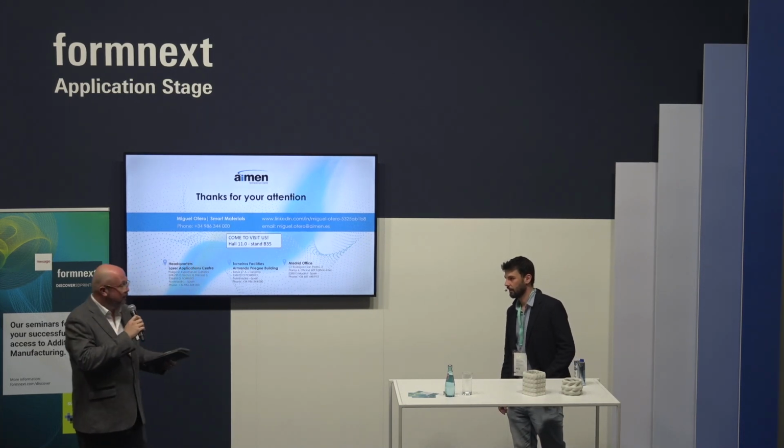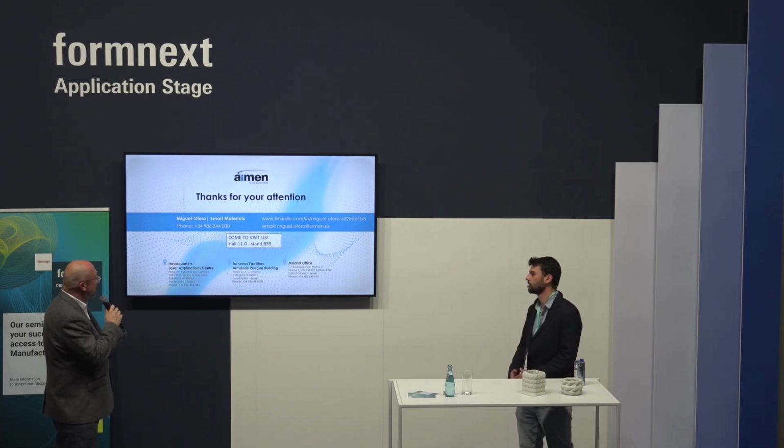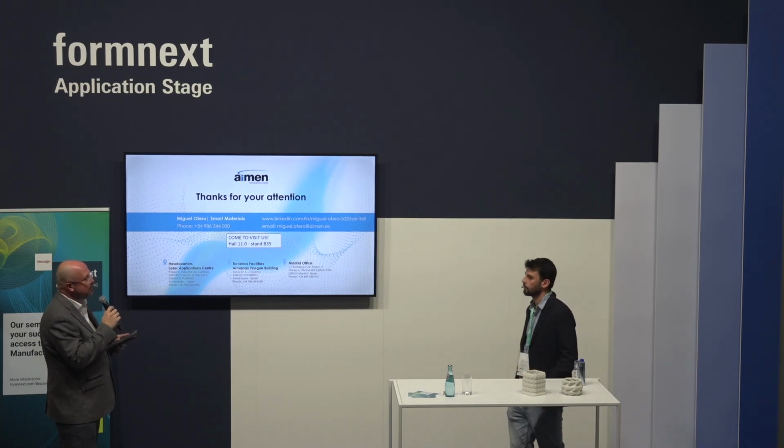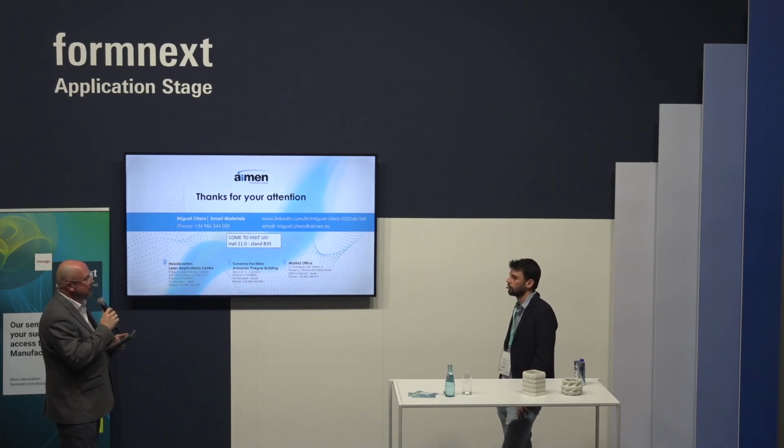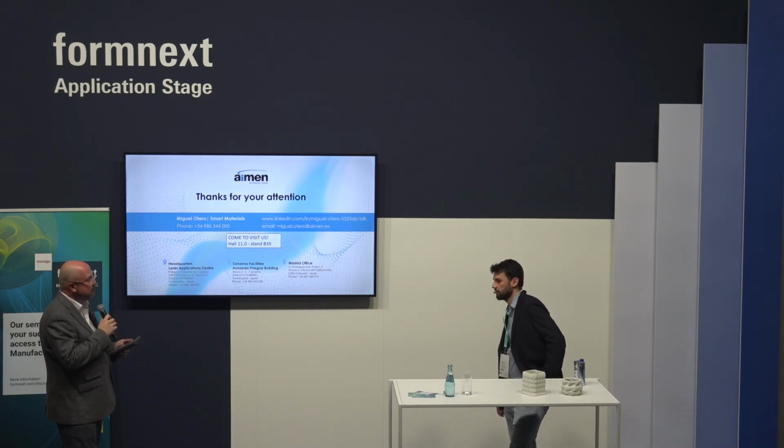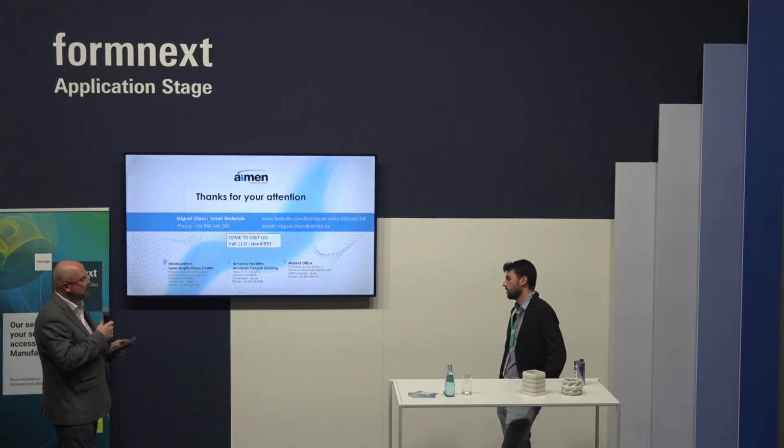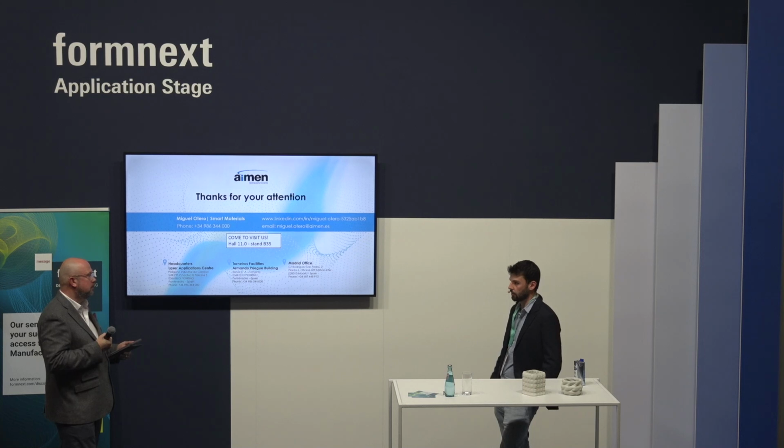What are you looking for here in terms of help with this project and help with the standardization? What do you think you'll be able to get from this show? Well, the main problem with the 3D printing of construction cement is that there are no standards that establish how to characterize or how to know if you have a printable material or not. So if you want to optimize a printable material, you have to start from the rheology.